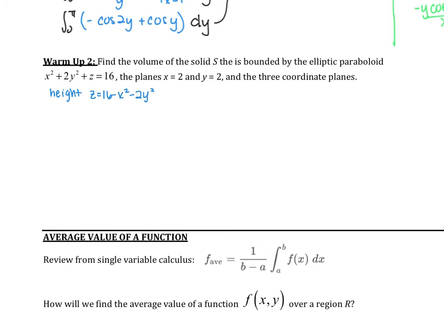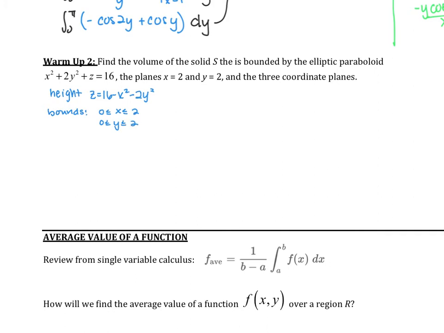Now we need to think about our bounds. Our bounds for this one says the planes x equals 2, y equals 2, and then the 3 coordinate planes, meaning it's cut off at the coordinate axes. So when I write my bounds, x is between 0 and 2, and y is between 0 and 2 as well.